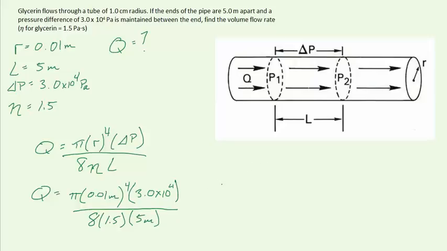And when we do so, we see that our volume flow rate will be equal to 1.6 times 10 to the negative fifth meters cubed per second.